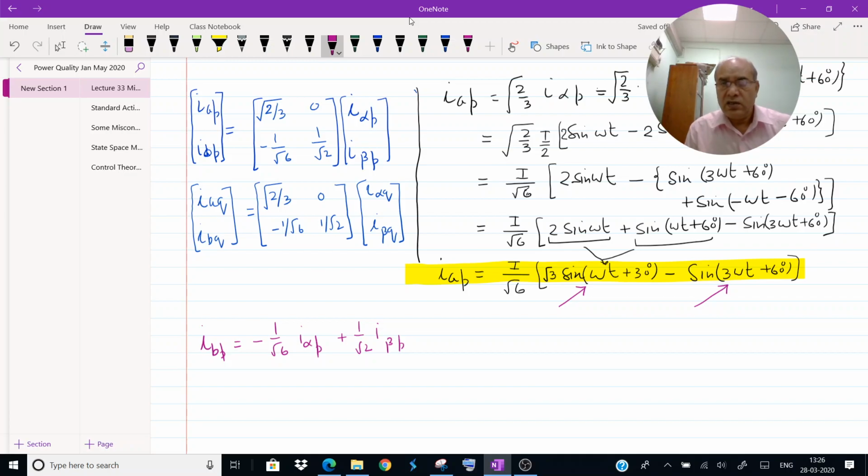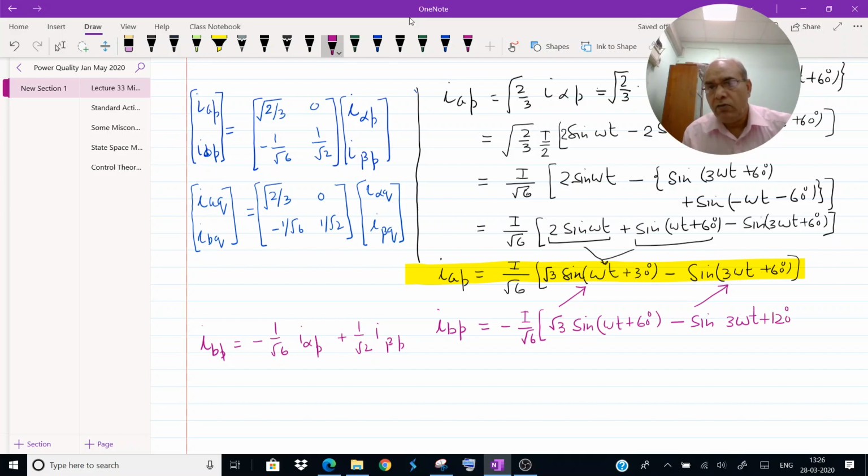Substitute in a similar fashion, simplify in the same style, and you will get IBP equal to minus I by root 6 in bracket root 3 sine omega t plus 60 this time, and the next term is minus sine 3 omega t plus 120 degree.